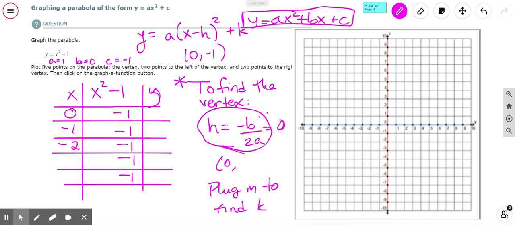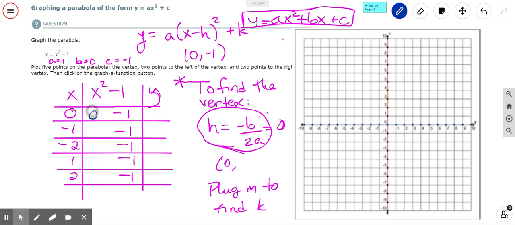It says 2 to the left and 2 to the right. The vertex, 2 points to the left and 2 points to the right. So we would plug in 1 and 2. I know that we don't even know y yet, but it doesn't matter because we're looking at the x values. I think it might be a little confusing, but it'll be clear in a second.